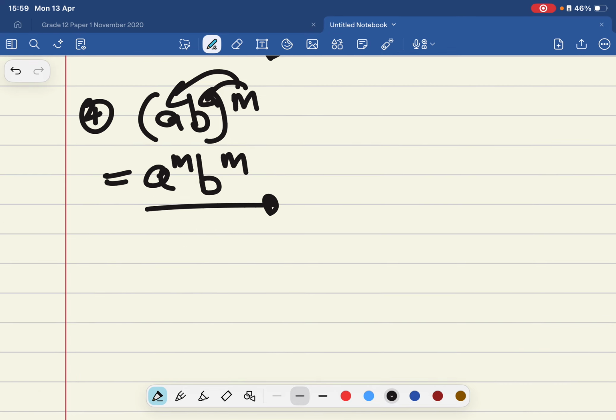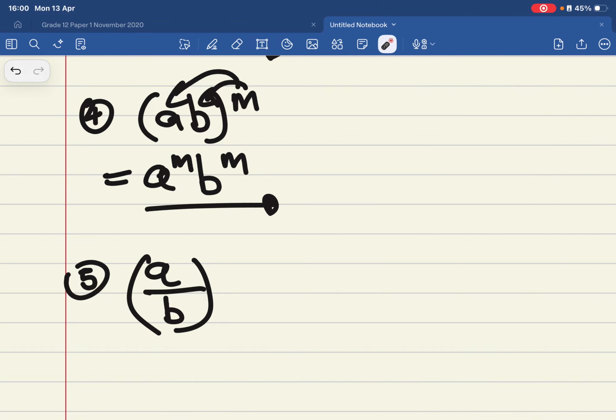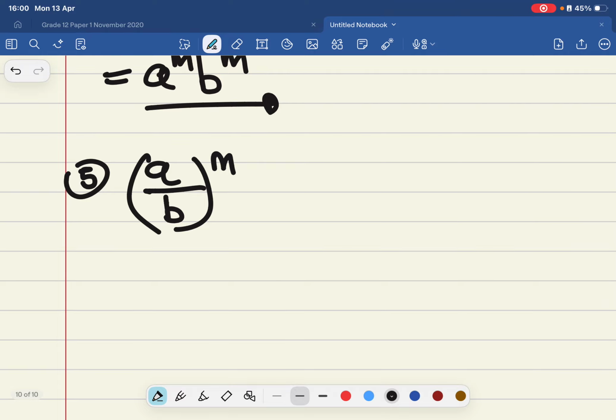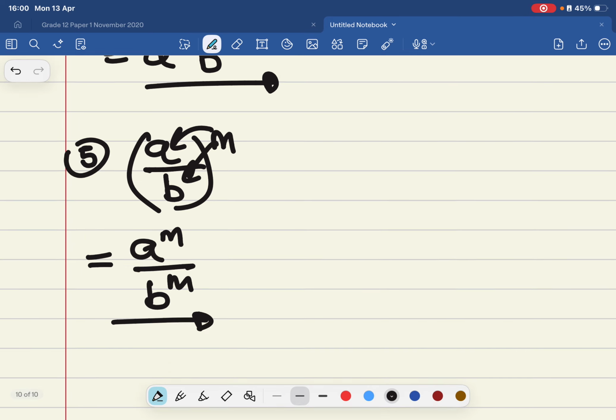And then number 5, if I have a quotient, so here it was a product, now it's a quotient raised to m. Again, this will be distributed to each and every term, so it's going to be a to the power of m over b to the power of m.